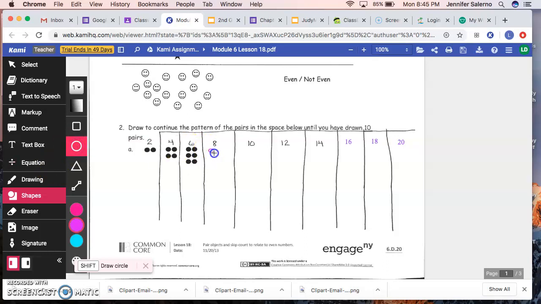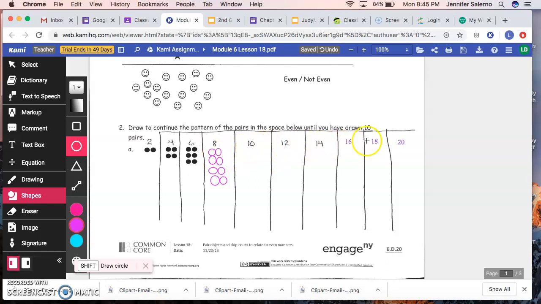And then you're just going to be drawing your pairs. Okay, so they want 8 here. So you're just going to do 2, 4, 6, and then 8. Okay, and then you're going to do the same thing here for 10. And then the same. Okay, so that's what they want you to do for this part.